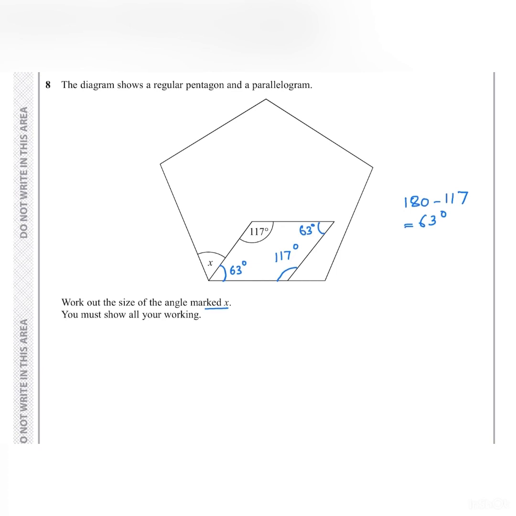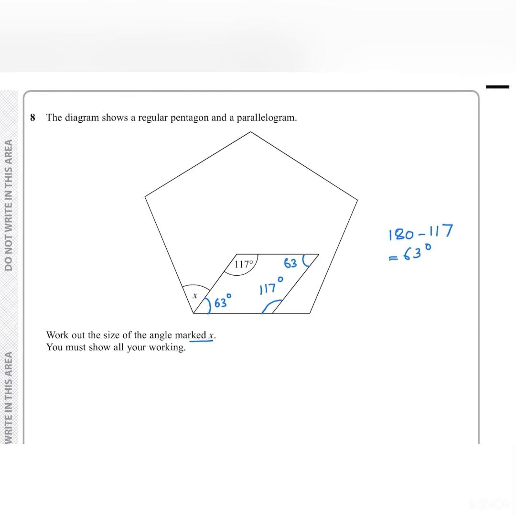Now we can figure out, because it's a regular shape, all these angles have an equal size. So all of this angle here would be of a certain size that we can find out. So we can use this formula, n minus 2 times 180, which gives us the sum of the interior angles in a polygon. So n is the number of sides, so 5 minus 2 times 180, okay, that is 540.